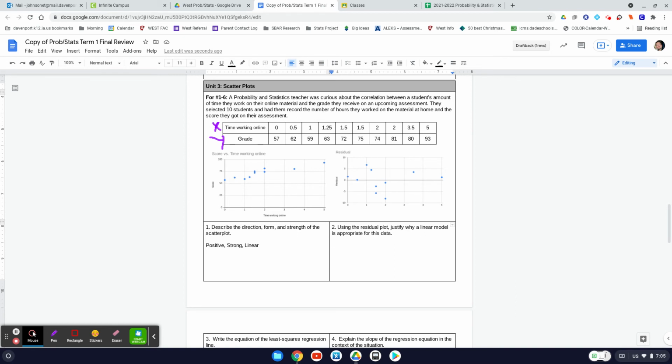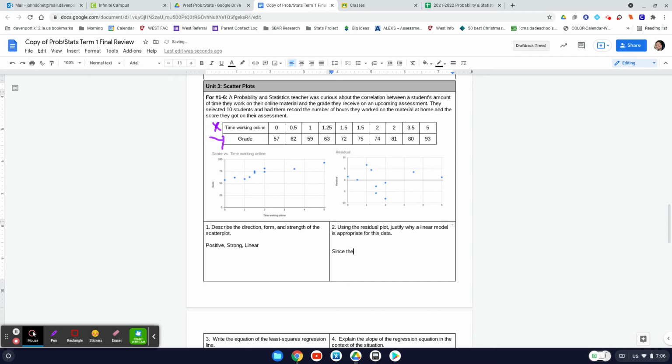Looking at our residual plot, I noticed that there really is no pattern to this. So we don't have an exponential curve or a quadratic arc. None of that is happening. Also, there's a fair mix above and below.